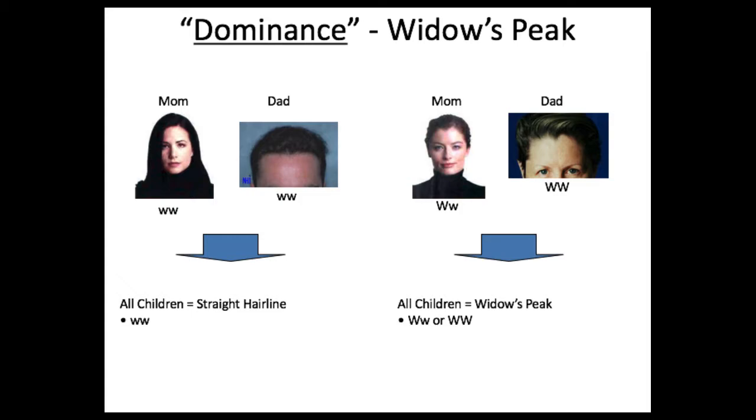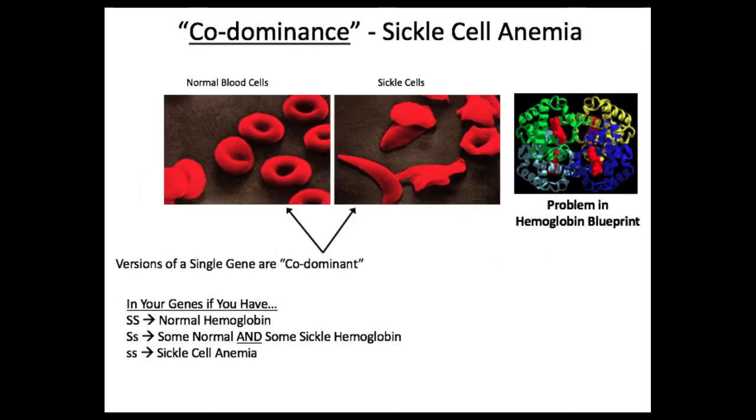But if mom is heterozygous and dad is dominant homozygous, meaning he is carrying both copies of the dominant W allele for widow's peak, the children are going to be 50-50. Half of the children will be like mom, and half of the children will be like dad. The way that we complete these crosses is with a special diagram called a Punnett square.